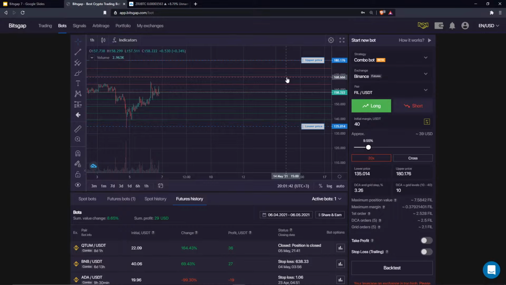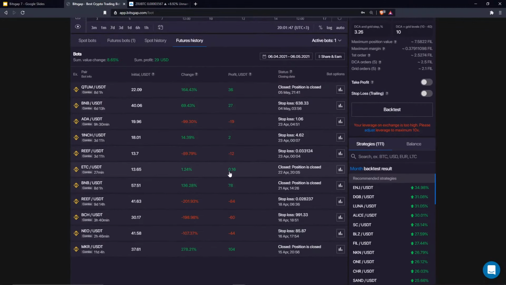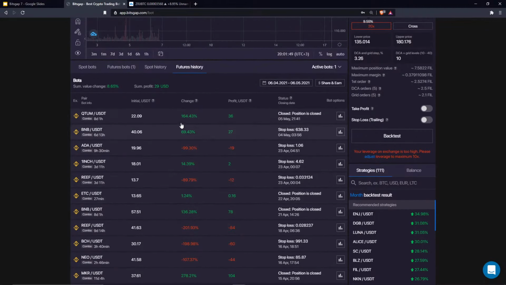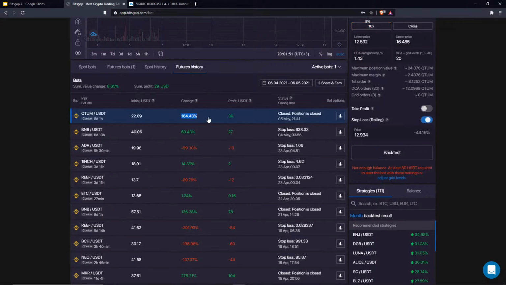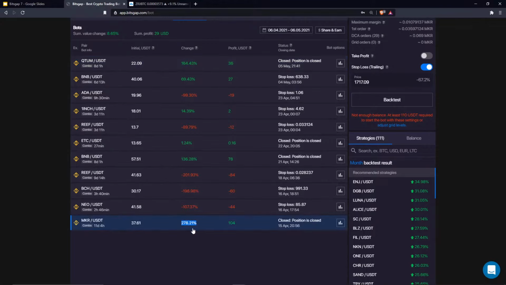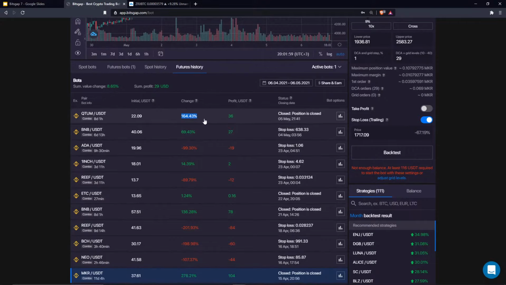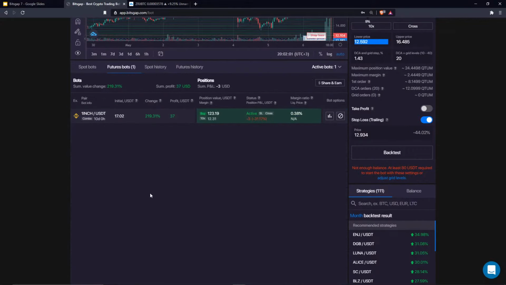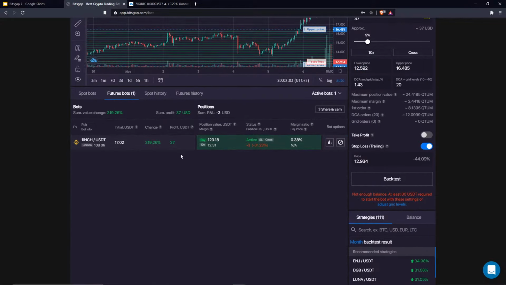With the two-layer DCA structure, your risk exposure can be doubled, and in my case you can lose twice more, but also you can make 2 times more, 3 times more, 4 times more. You see here 278%, that's what I made, almost 3 times more. Also here 164%, and now you see already 219% made.